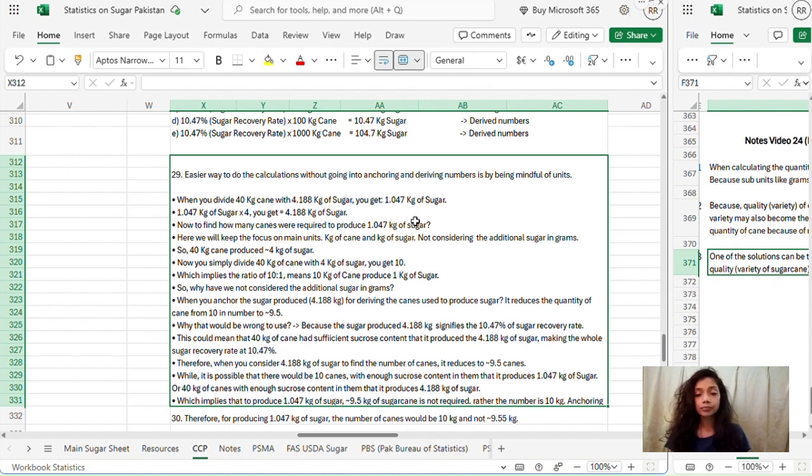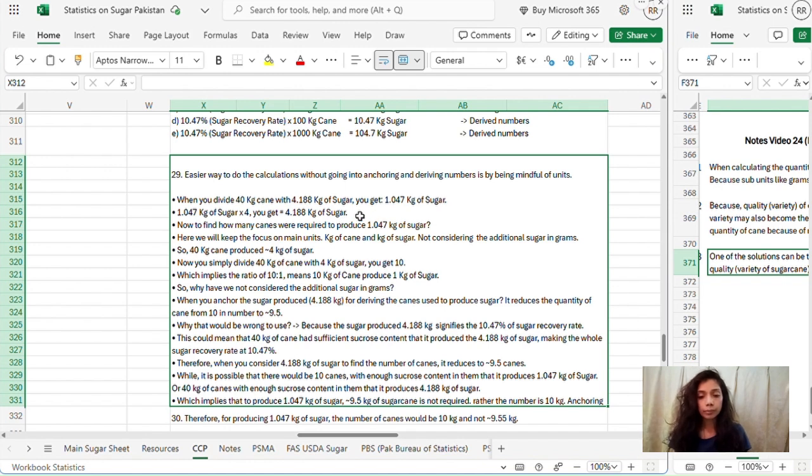It means the additional sugar that we are getting in grams, in addition to kgs, is because the sugar recovery rate is higher. So assuming the sugar recovery rate is 10.47 percent, from 40 kg of cane we get 4 kg of sugar and 188 grams of additional sugar.